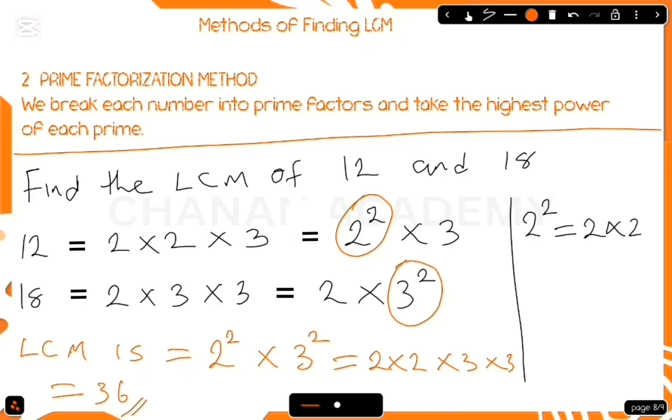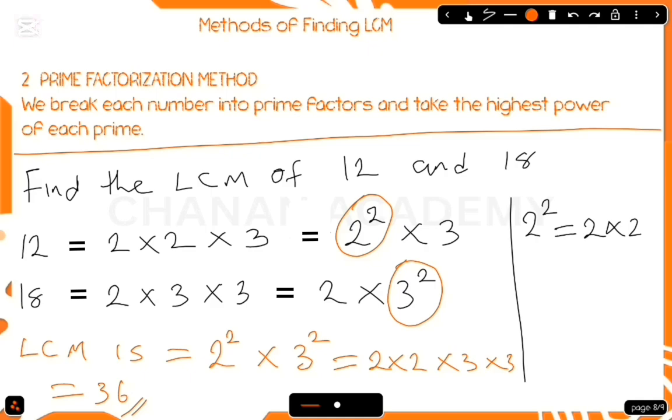Now that is what the prime factorization method is talking about. So please, if you've not watched our previous video that talked about prime numbers and factors, please do well to go and watch that, because with that you'll be able to understand what we are doing properly in this method. So the method says we break each number into prime factors and take the highest power of each prime.